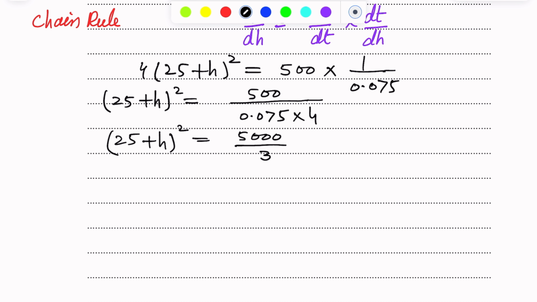Now we will take the square root of each side. We get 25 plus h is equal to 50 root 6 over 3.